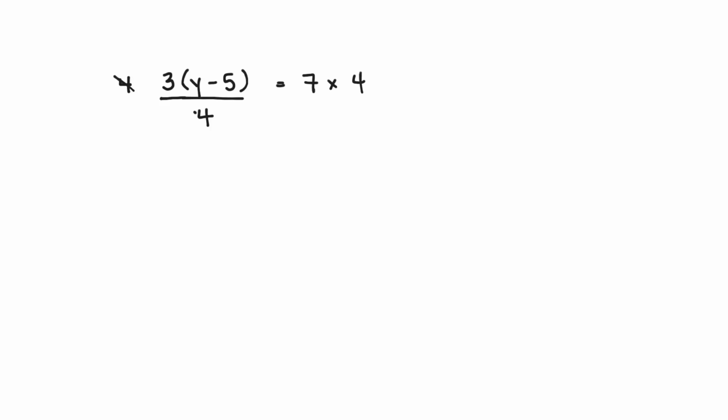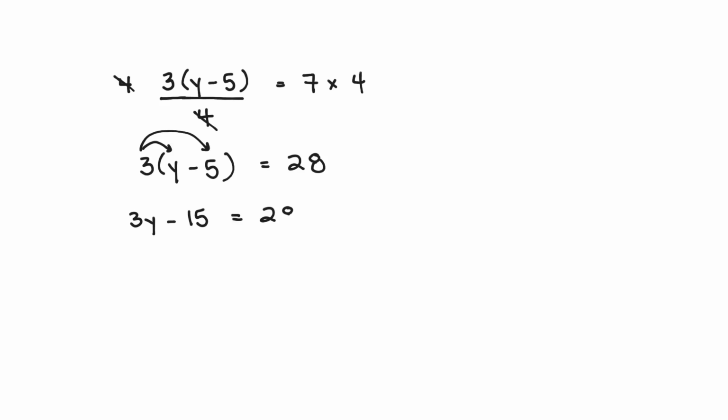So this will cancel out, and then 7 times 4 is equal to 28. So we have 3 times (y minus 5) equals 28. Now we need to multiply by distributive property. So we have to multiply everything inside the bracket by 3. So it's going to be 3y minus 15 equals 28.